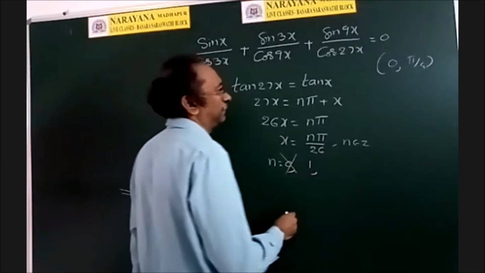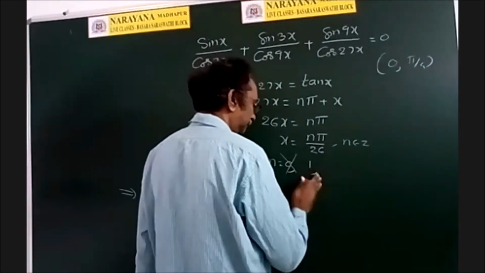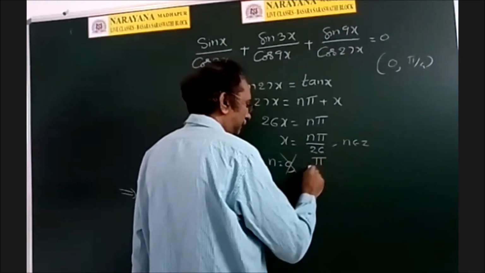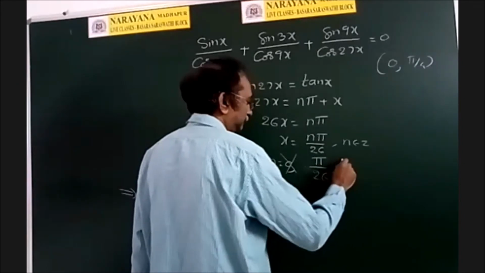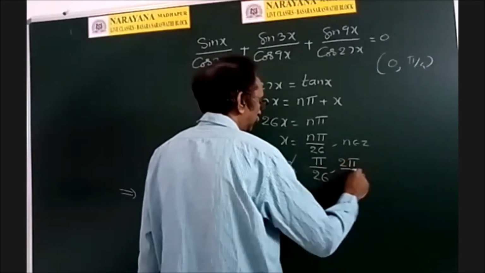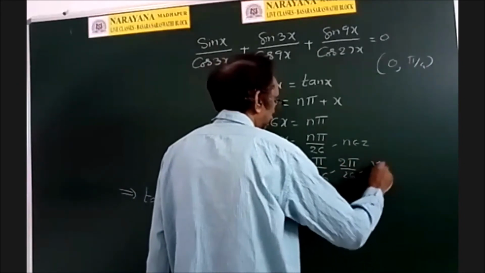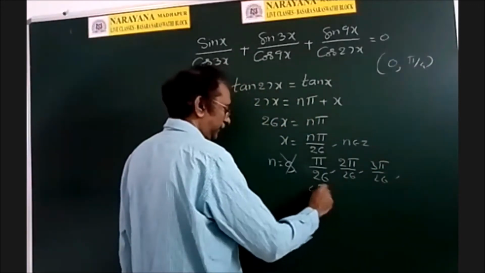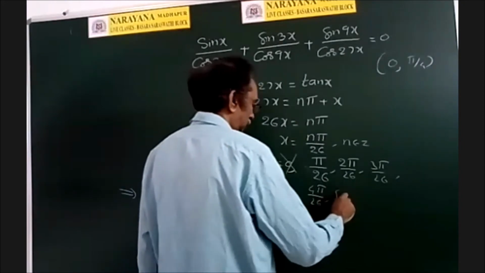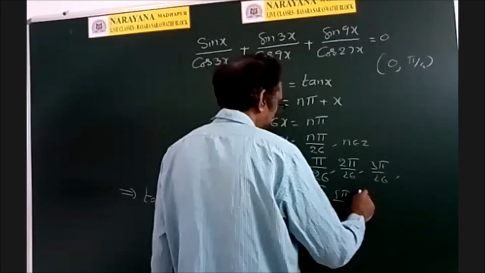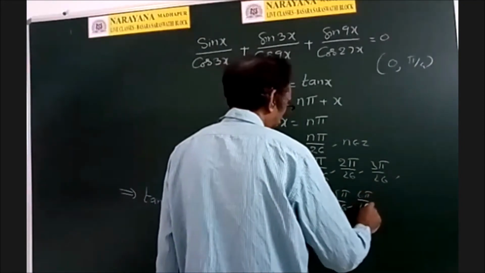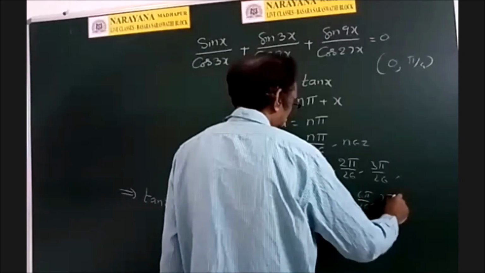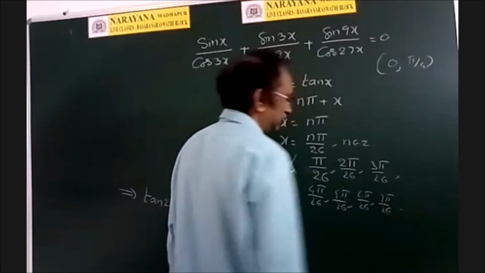N is equal to 1, pi by 26, okay? Or I will write directly pi by 26, 2 pi by 26, 3 pi by 26, 4 pi by 26, 5 pi by 26, 6 pi by 26, 7 pi by 26, like that.